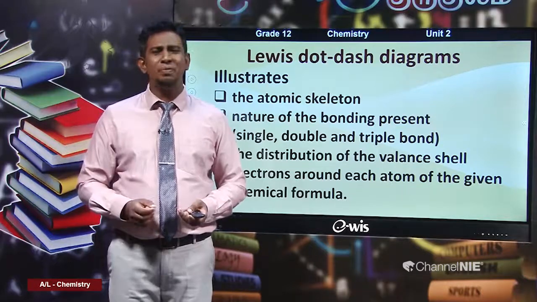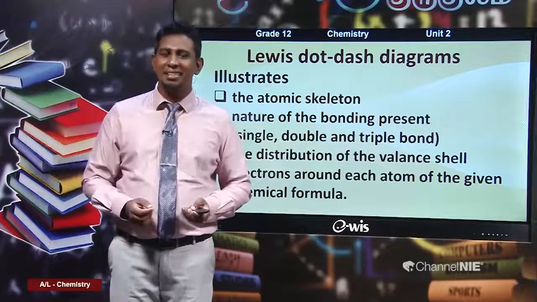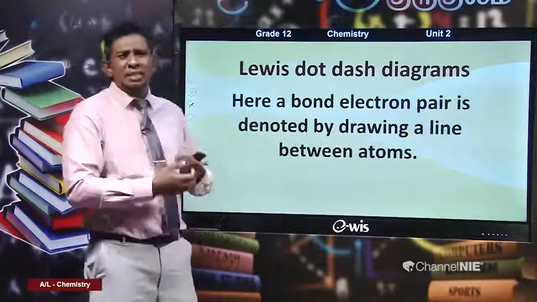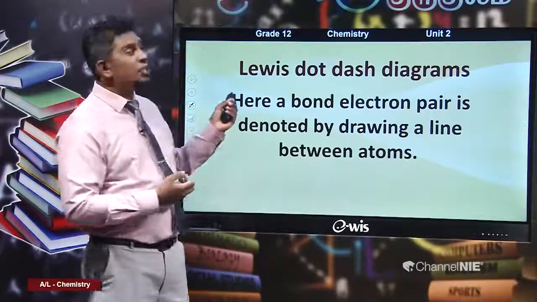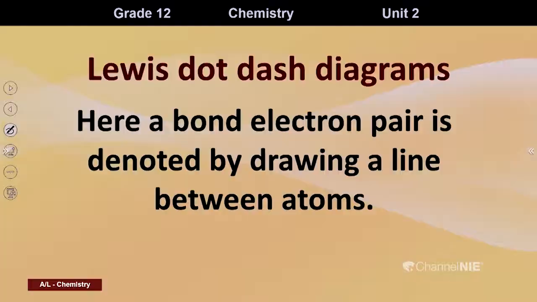Sometimes you can find charges too. In drawing Lewis dot-dash diagrams, bonding electron pairs are represented with short lines and other electrons with dots. That's why we call it a Lewis dot-dash diagram.